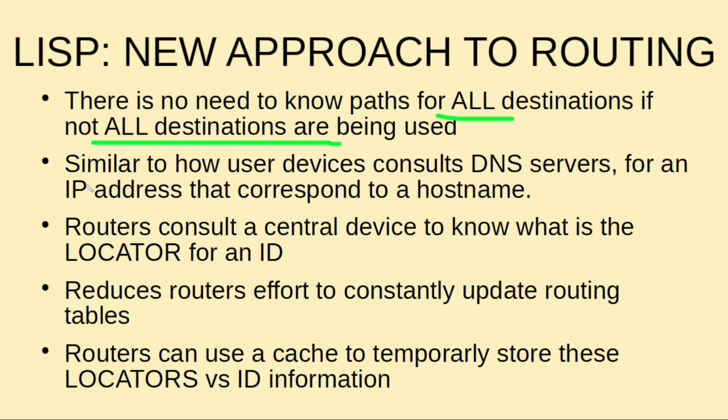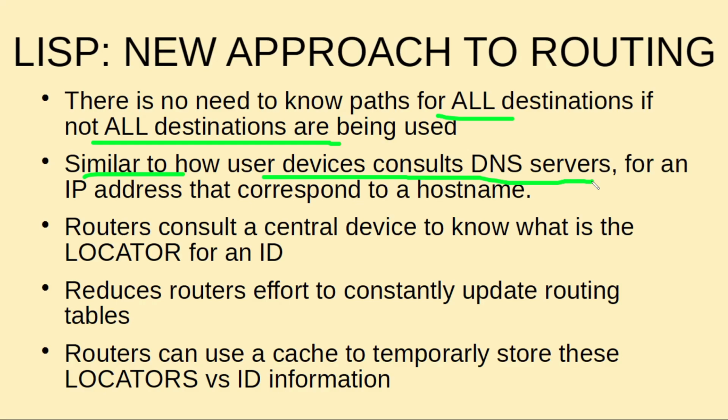So LISP works similarly to how our computers or end user devices use DNS servers. When your end device wants to open a particular application, it will ask the DNS server for the IP address of this particular application. So we don't need to have the IP addresses for all applications stored in our end user devices.